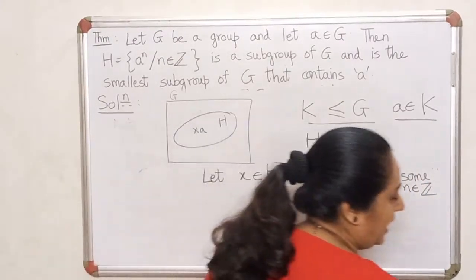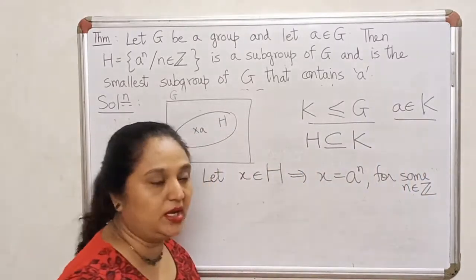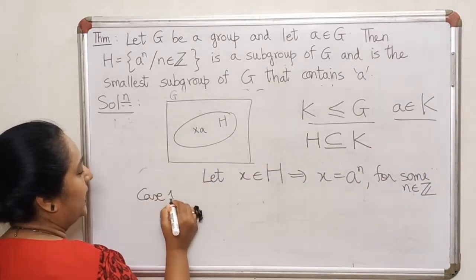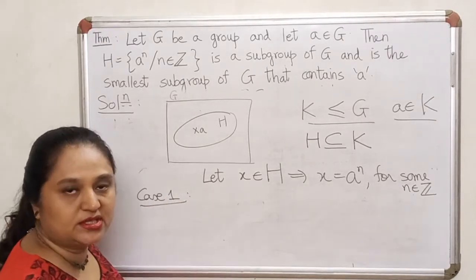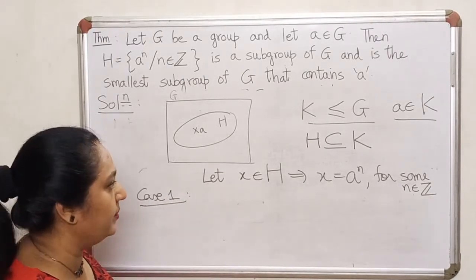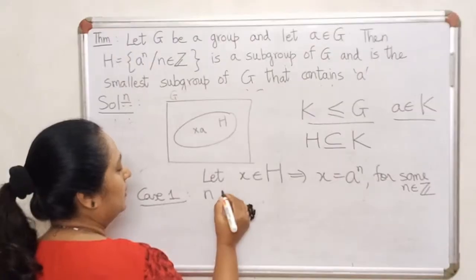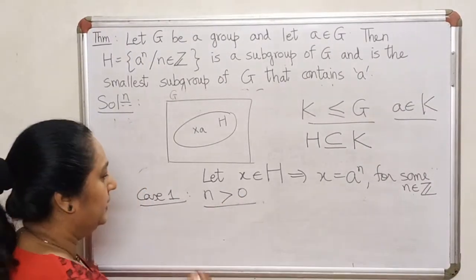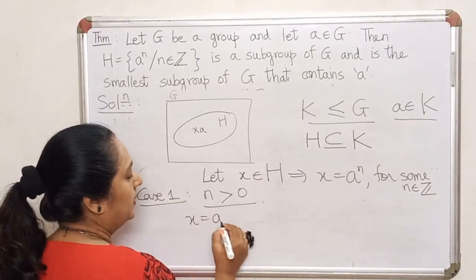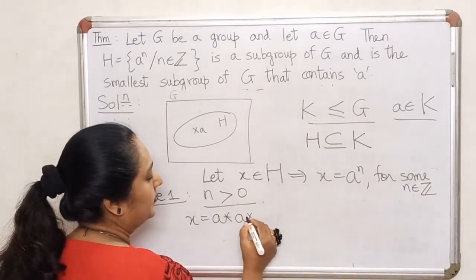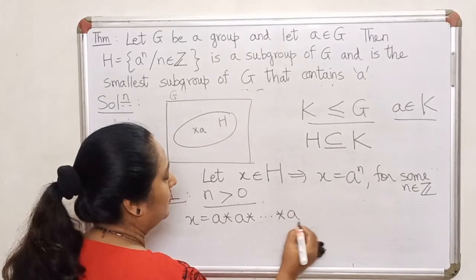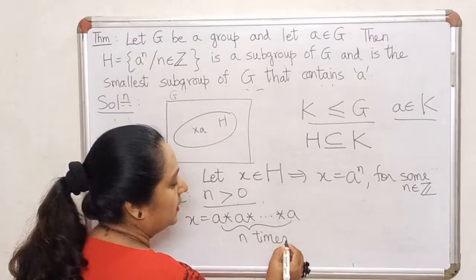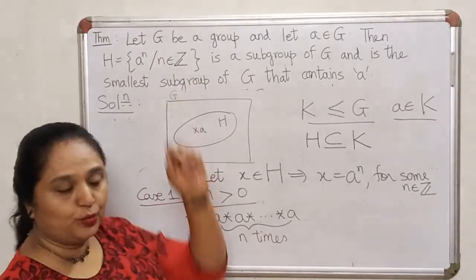To simplify our argument, I will make three cases for n. When I say n is an integer, it can be positive, negative, or it can be 0. So case 1, suppose n is a positive integer, then this x is nothing but A star A star ... n times. Star is the binary operation on this group.